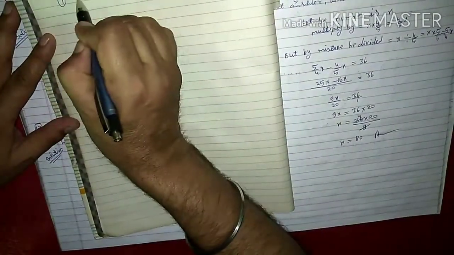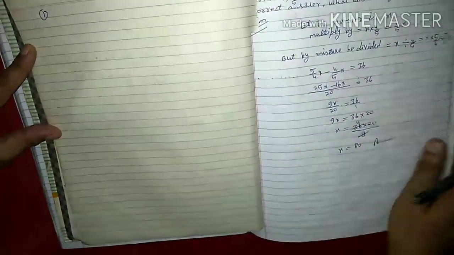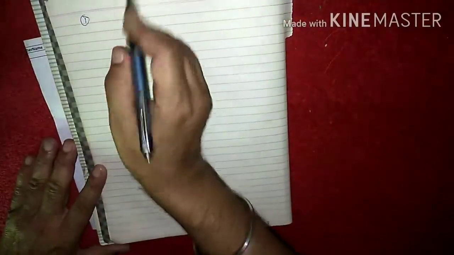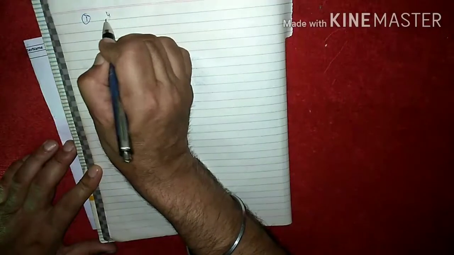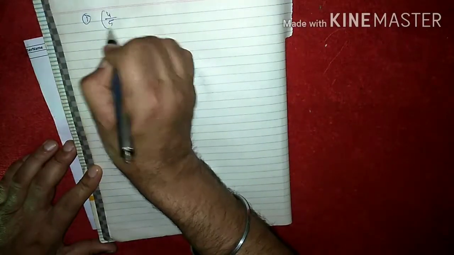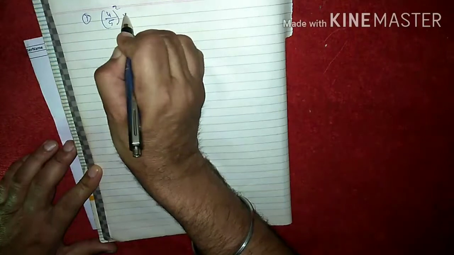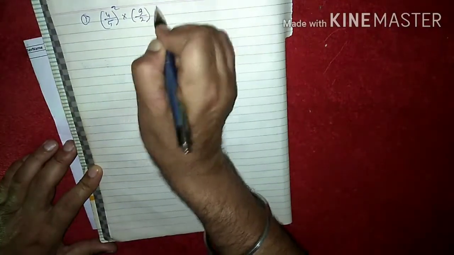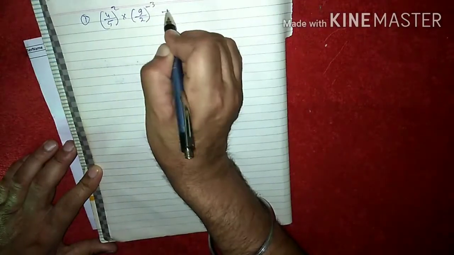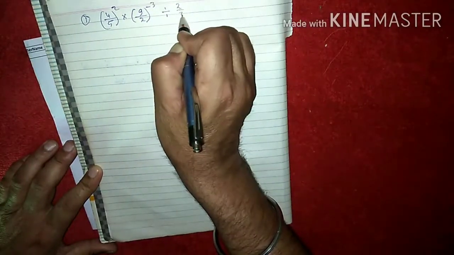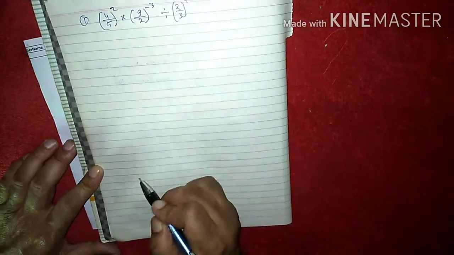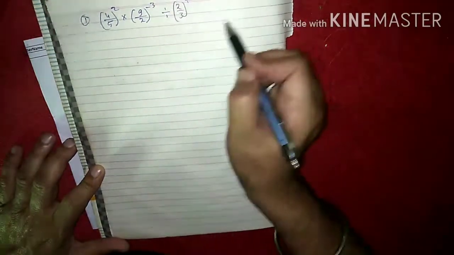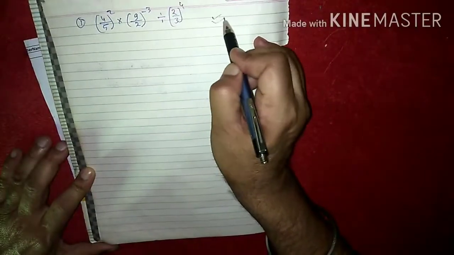Question: solve (4/5) whole power 2 multiply (9/2) whole power minus 3 divide (2/3) whole power 4. Give your answer in the comment box. Right? This is your homework. Thank you.